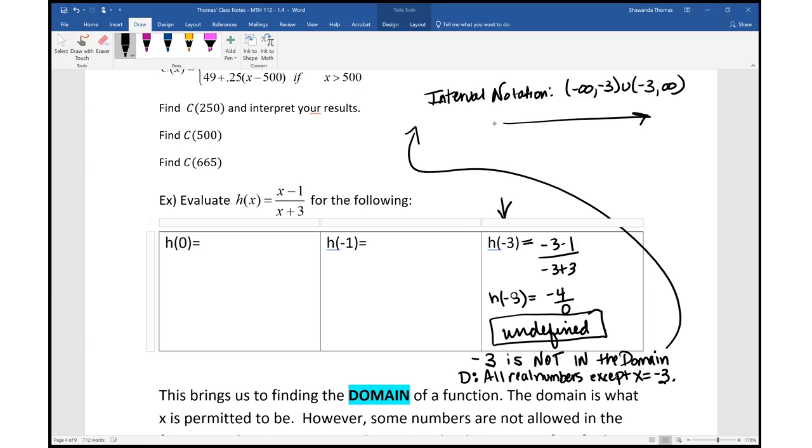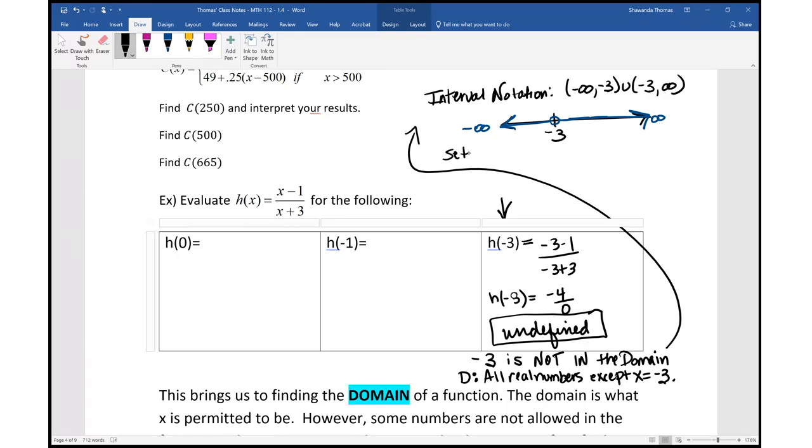Because on a number line, negative 3 will be the only number that has an open circle and that is not shaded. So every other number except negative 3 is in the domain.